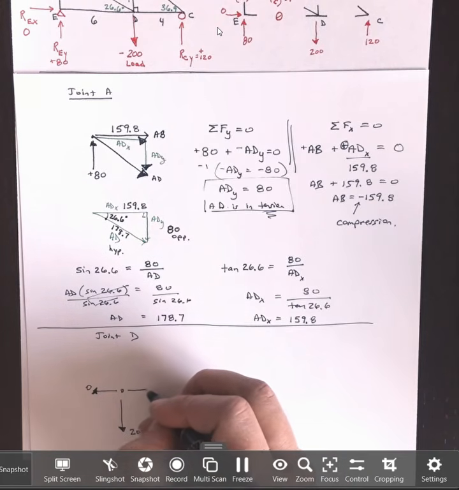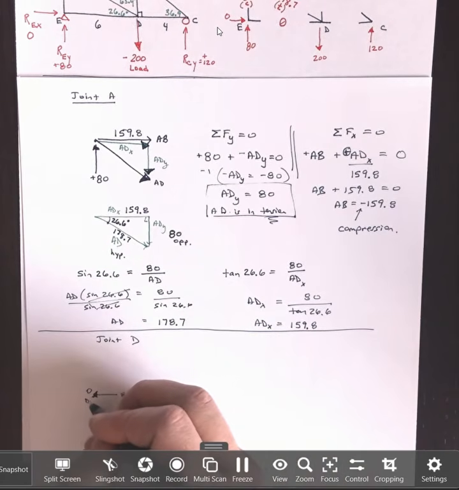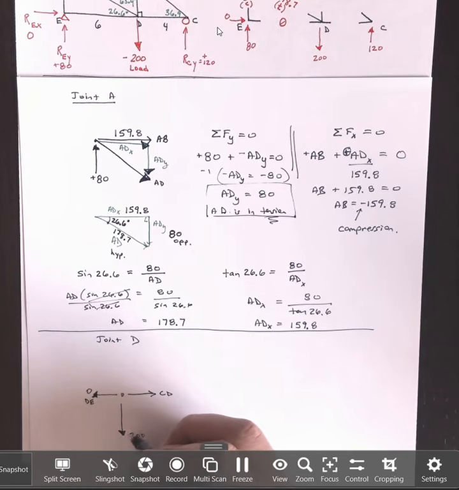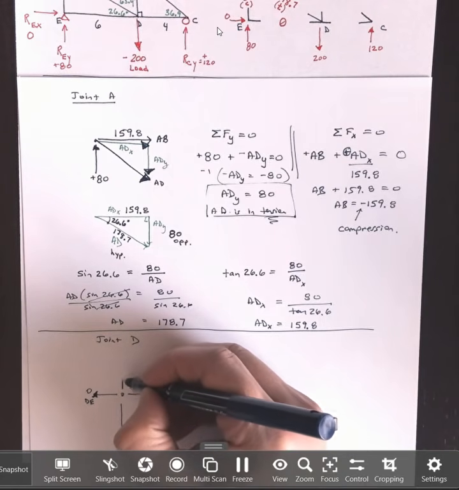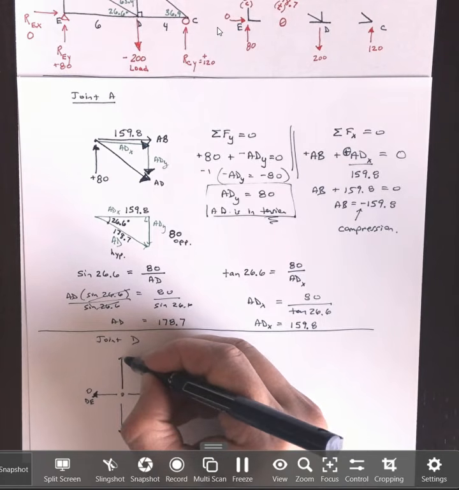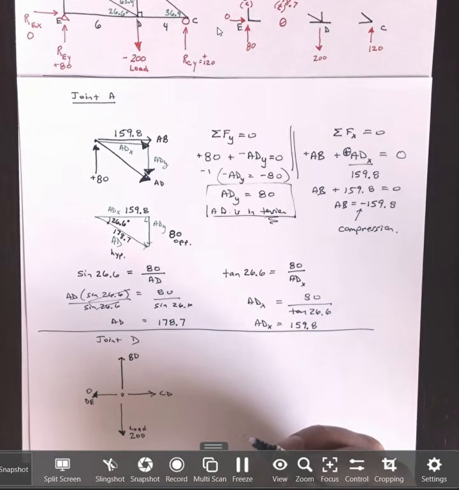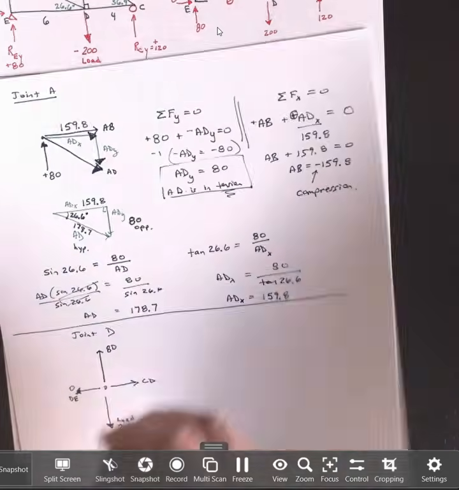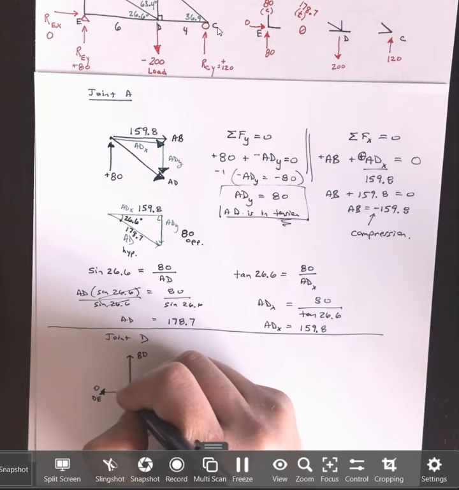I have CD unknown, can label that. I have BD, drawing the arrow up because it's unknown, so assuming tension. And then I've got the diagonal, which we found to be in tension.